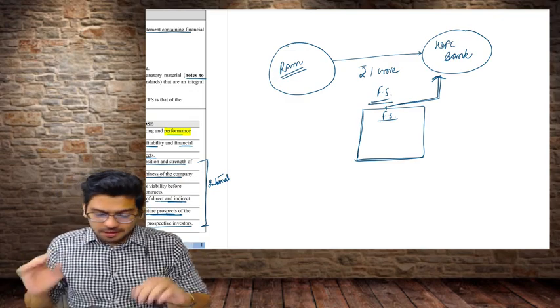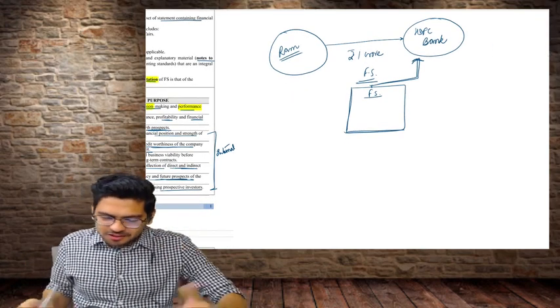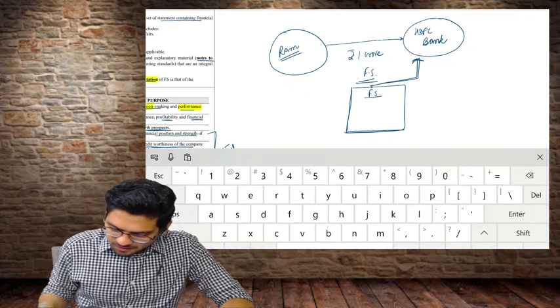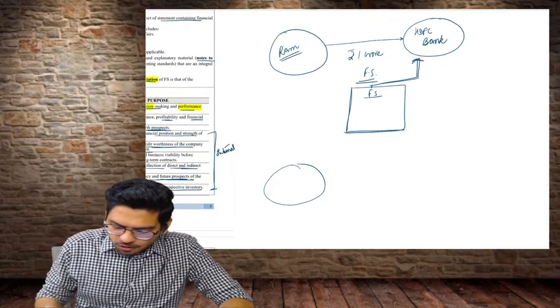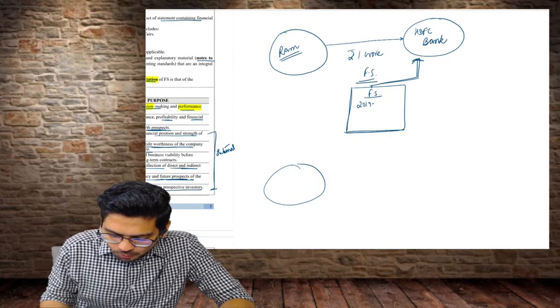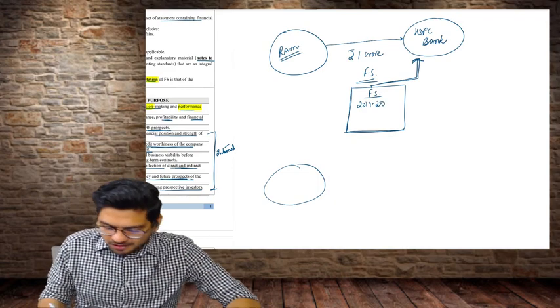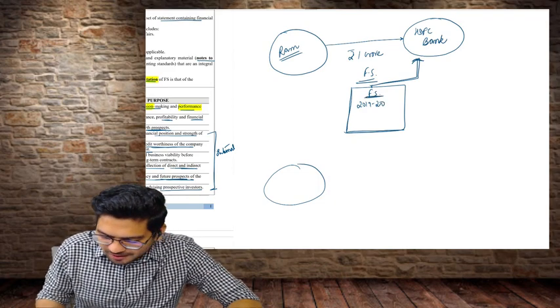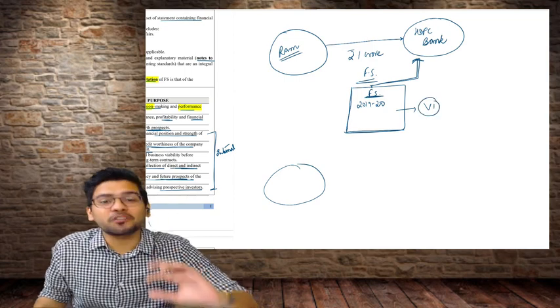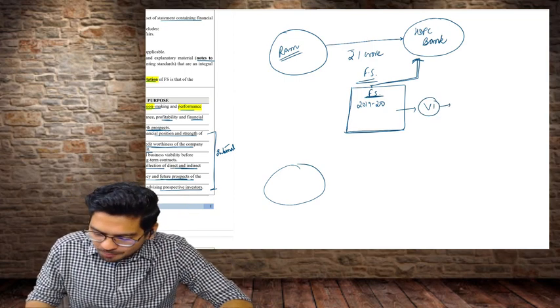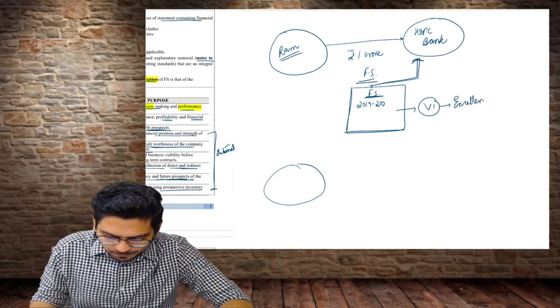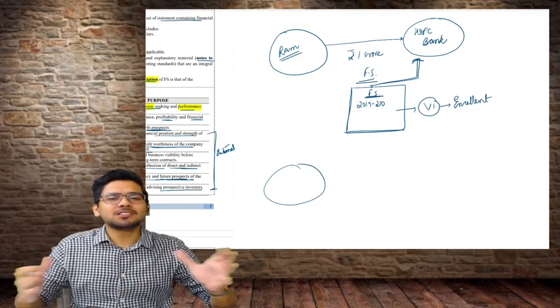Now again, this Mr. Ram, in this very same year, let's say financial year 1920, prepares this financial statement. Let me call this V1, version 1, wherein he portrays that his position is excellent. Just a hypothetical situation I'm taking.